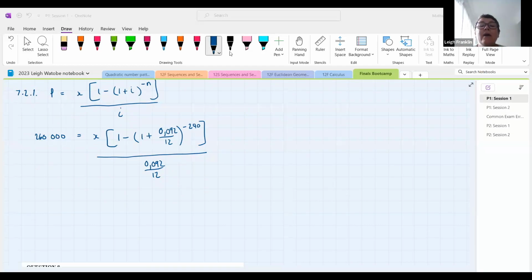You're getting an error. Okay, Josh. Maybe the reason you're getting an error is the way in which you're entering it into the calculator. So if you want, I can bring my calculator up onto the screen and I can show you. No, it's 240, Cheslin, because it's 20 years.